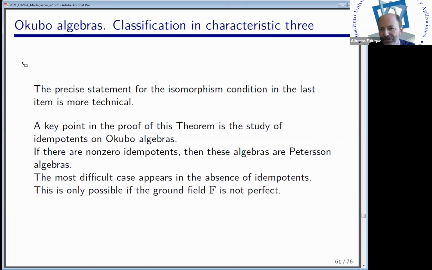The difficult part is whenever there are no idempotents, and there are examples with no idempotents. This was the most difficult case to prove, to see that Okubo algebras in characteristic 3 without idempotents belong also to this family I mentioned, this O alpha beta. Okay, so this is the way to proceed.